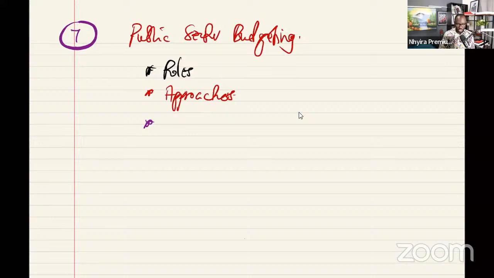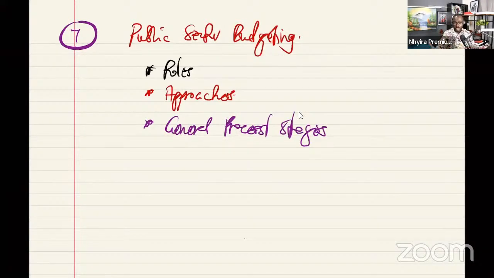Then we must know the general process of preparation of budgets, the general process or stages of budget preparation. It's a whole cycle that we need to go through and know about because it's going to be basic, it's going to be fundamental for us to pass the examination.